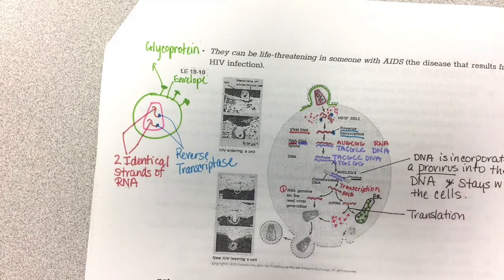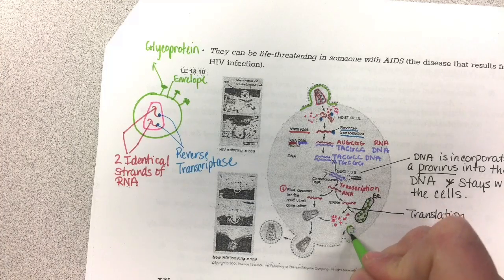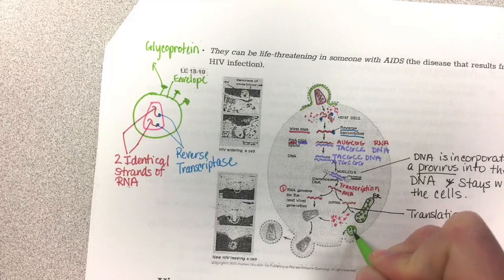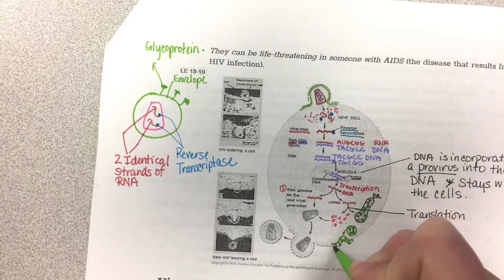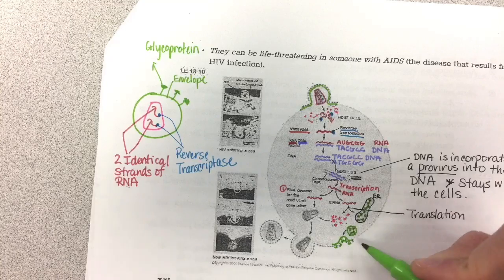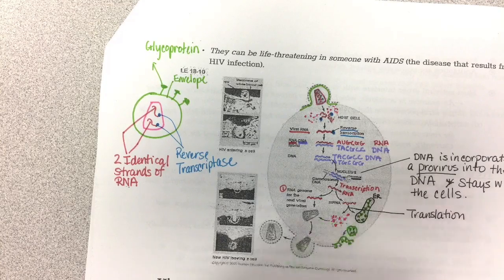And remember, the vesicles bud off the ER. That's what this is showing you here. Vesicle budding off the ER, fusing with the membrane, and now the outside of the host cell, our cells of our immune system, have the capsid proteins, the glycoproteins, and now the capsids and the RNA come together.